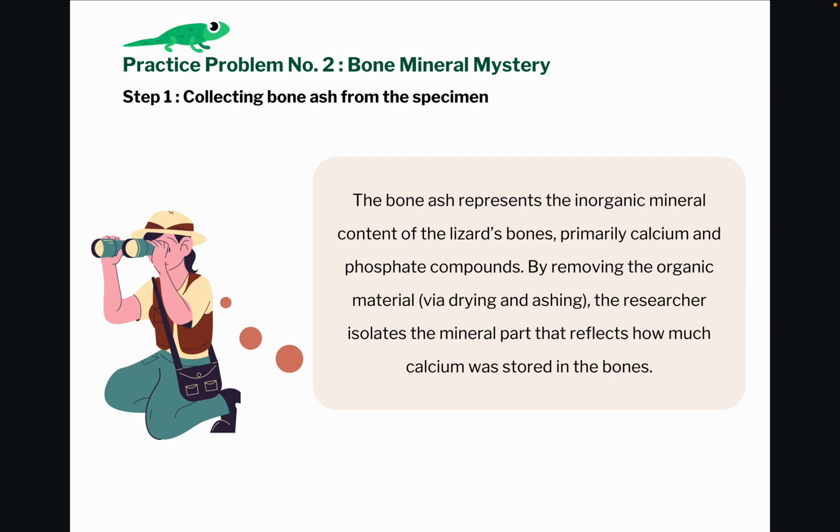For biological samples, we need to be specific about which part of the specimen we are analyzing. By removing the organic material, we isolate the mineral part, which reflects how much calcium was stored in the bones.